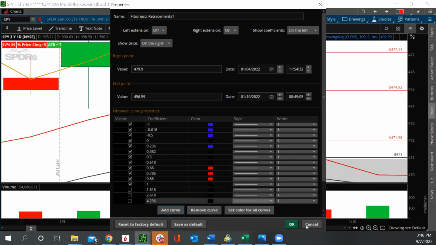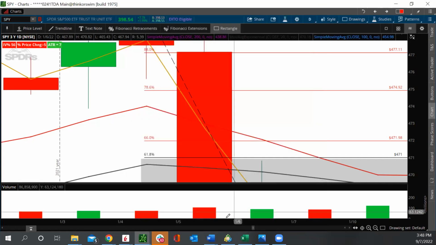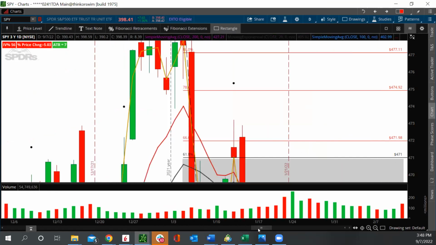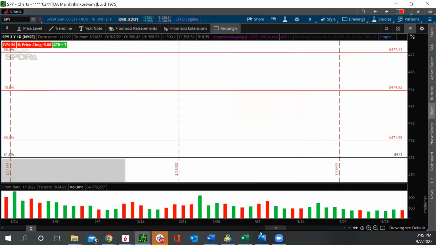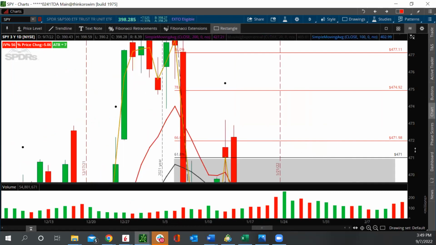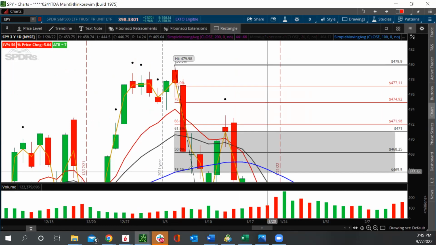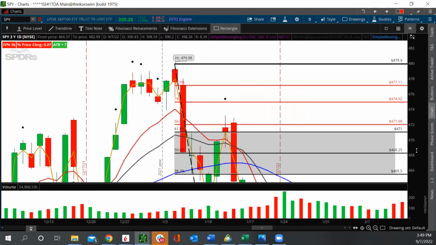And the reason for that is I had been told that the institutional traders, the big money, everybody knows, again, all retail traders are taught the 38.2, the 50, the 61.8, but that's all just the education that we receive.